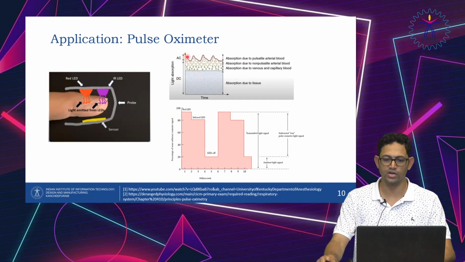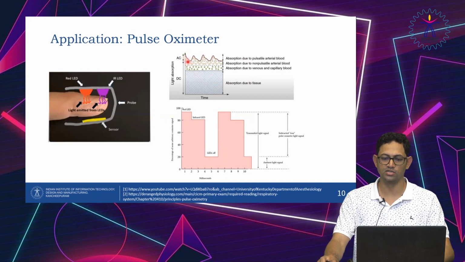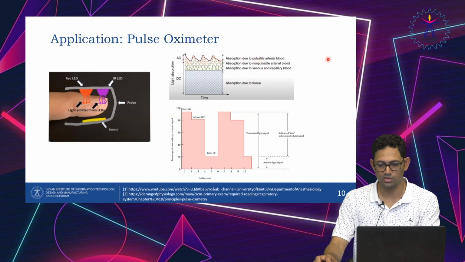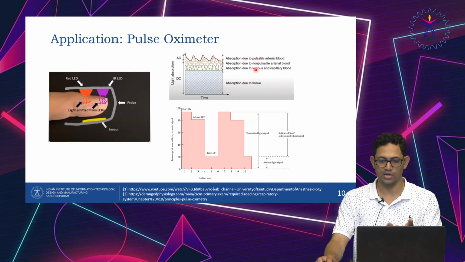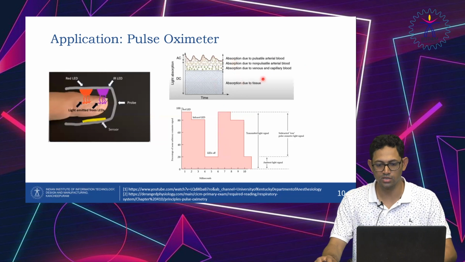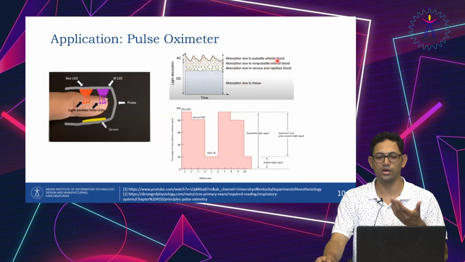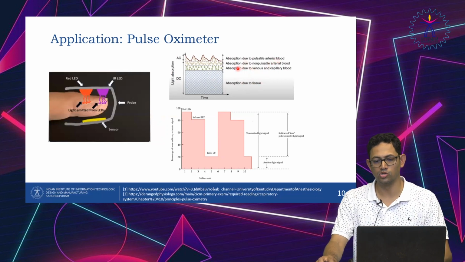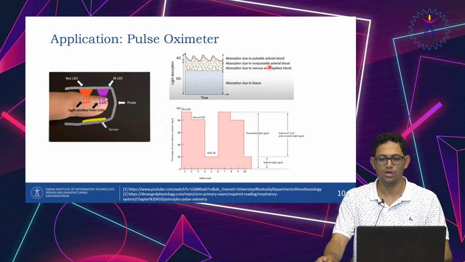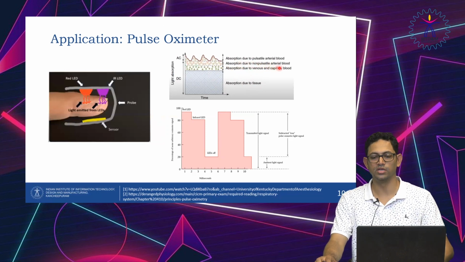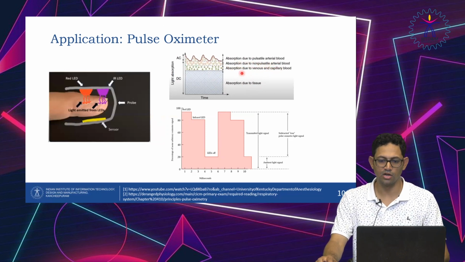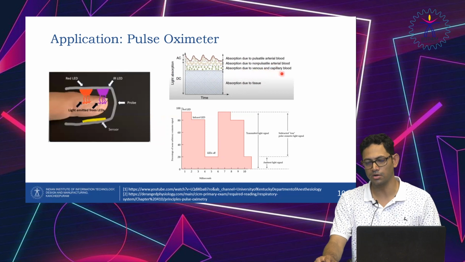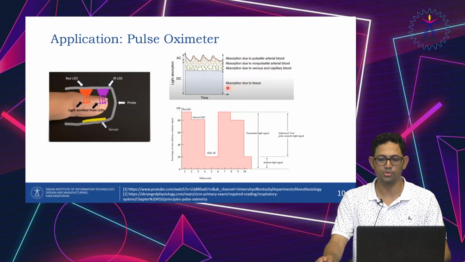So once you detect, you get something like this pulse. The absorption that you see in it is not just because of the tissue, but there are other things too. For example, you have pulsating arterial blood, which is what we want to find. You have the uniform absorption due to the non-pulsating arterial blood vessels, then the absorption due to venous and capillary blood, and there is absorption due to tissue.